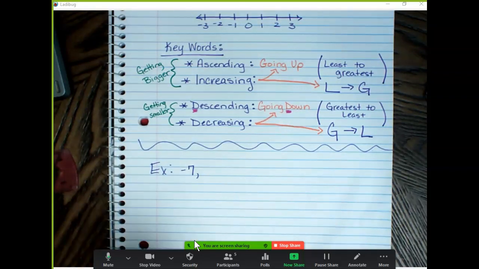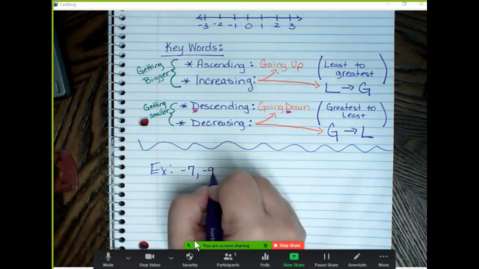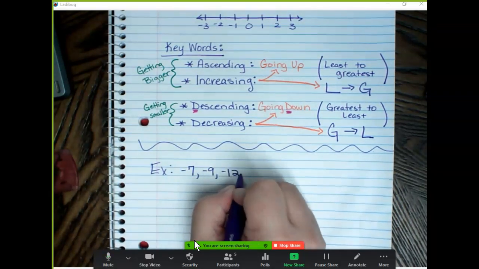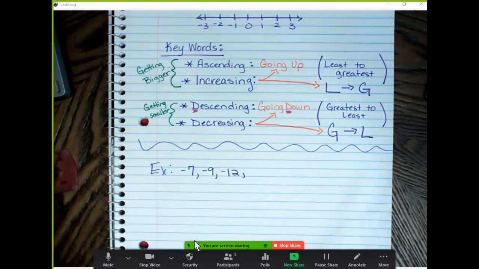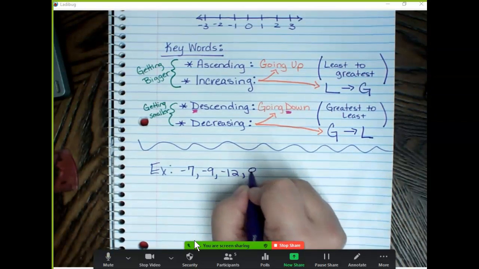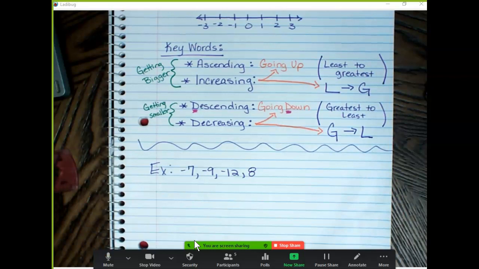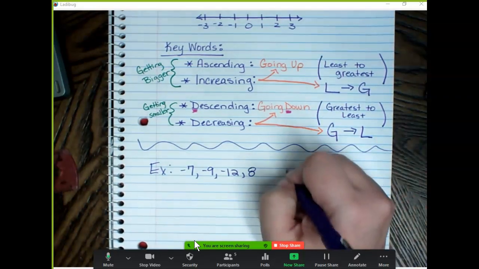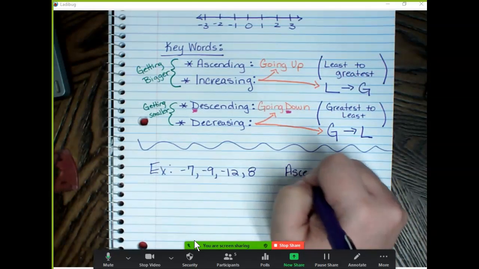Our next number is -9. Our next number is -12. And our last number is 8. Is 8 not negative? It's a positive 8, just a regular old 8. And we're going to pretend the question wants us to put these in ascending order.